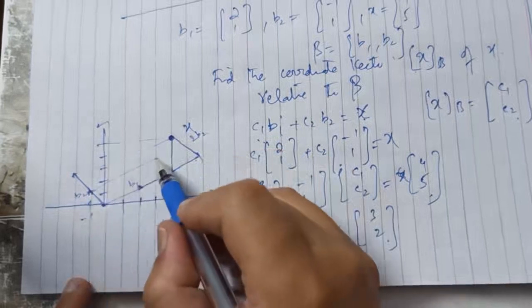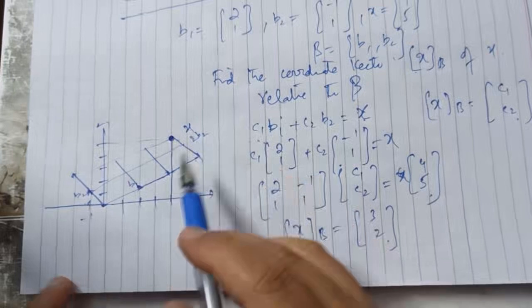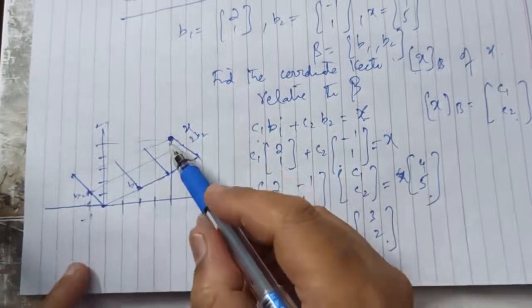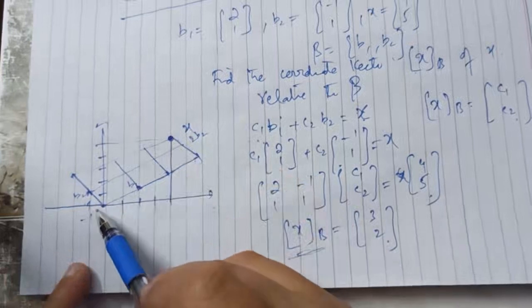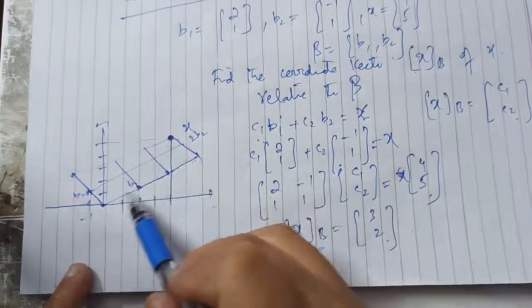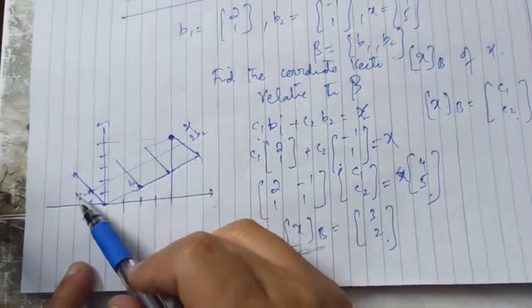So in this case, this is the standard basis, x will remain at the same point, right? But now we are representing x in a different basis, determined by b1 and b2.